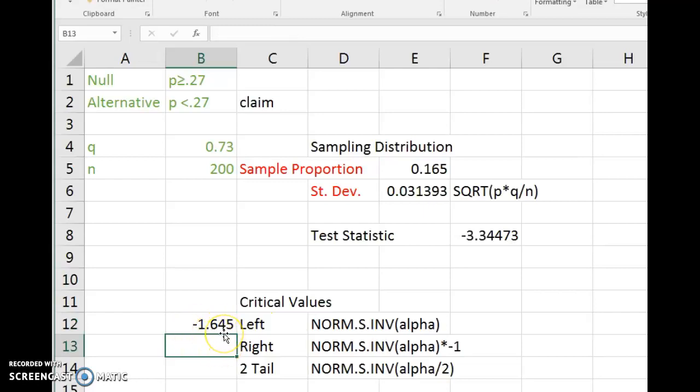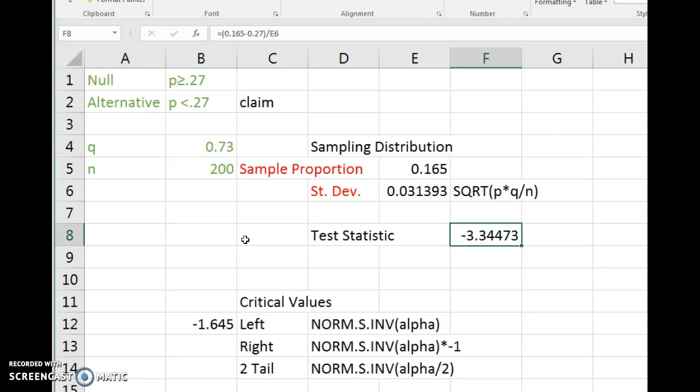So if our test statistic, if our sample came back even further to the left, even farther away than this value, we know that it has an even less than 5% chance of occurring. This is significantly further left than this value. It's even further left. So we know we're even further out in the tail, we're definitely going to reject our null hypothesis here.